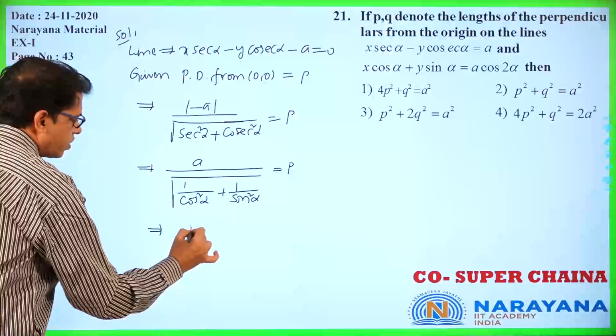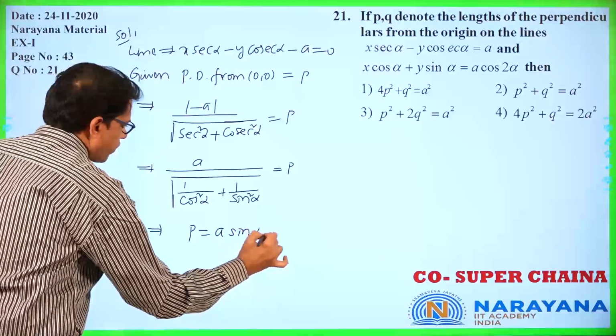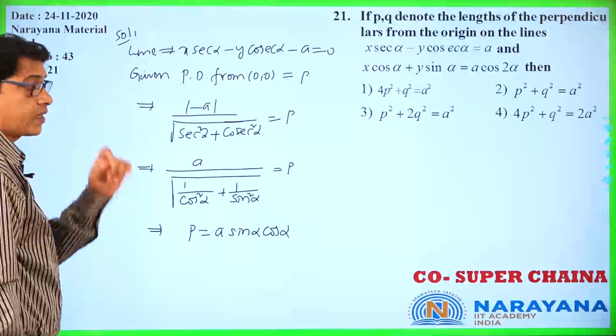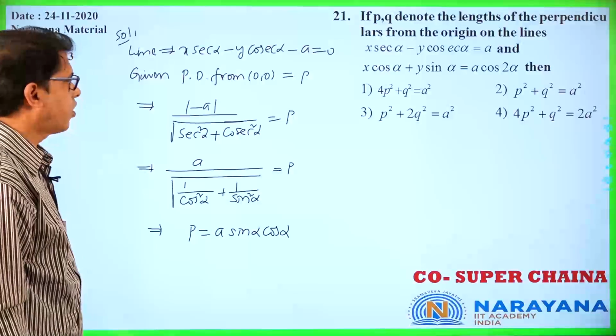So we are left with P equals a sin alpha cos alpha, right? Now the Q value.